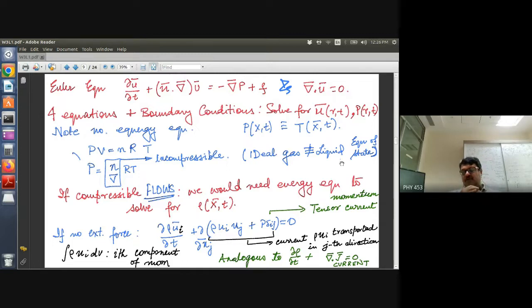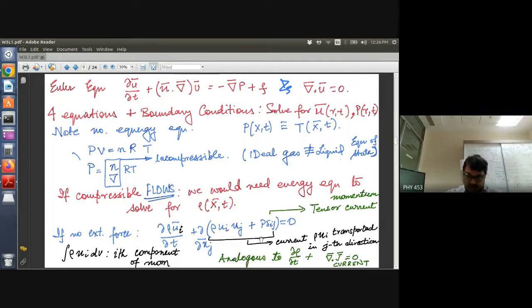It's also called the Irving-Kirkwood formula. So that's the microscopic definition of pressure in flows. The other point to note is that if you have compressible flows, you would also need the energy equation to solve for density as a function of x, y, and t. You will have more variables.